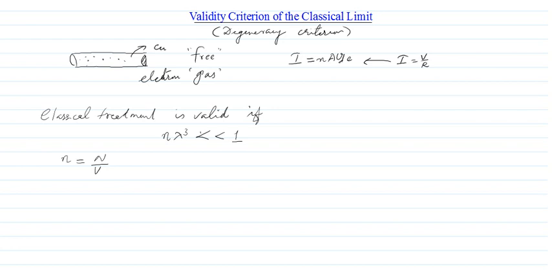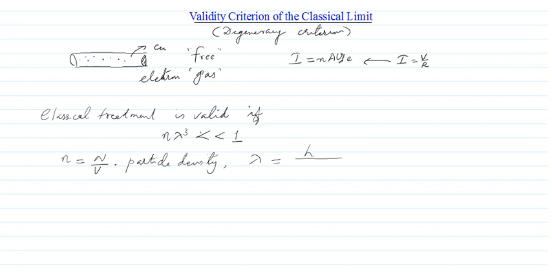This n is known as the particle density, the number of particles per unit volume. And lambda is a quantity that we have already seen earlier.